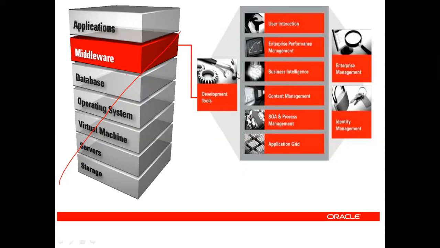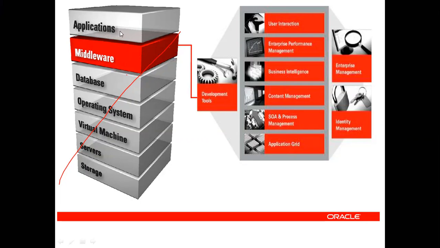Middleware means service oriented: SOA, Oracle Identity Management, EPM (Enterprise Performance Management), Business Intelligence, Content Management, Application Grid. All this comes separately. So Fusion middleware is one of the products in the Fusion family.